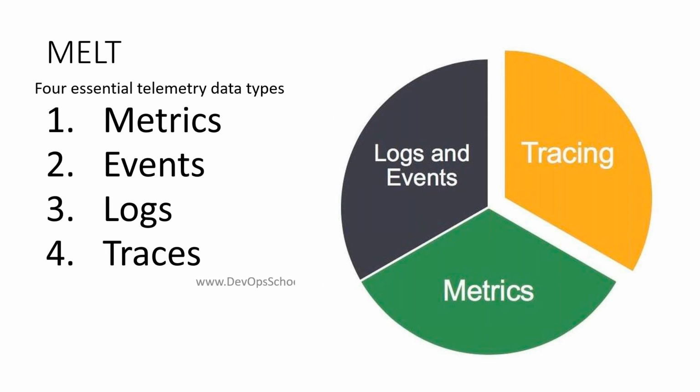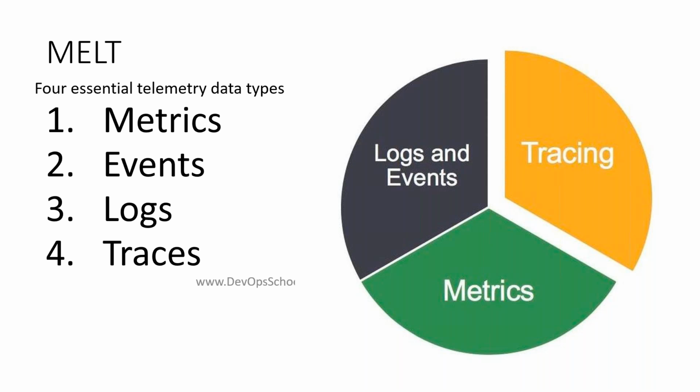There are four essential telemetry data types: metrics, events, logs, and traces. That means if you want to set up observability, you need to gather metrics, events, logs, and traces. Not only gather them, you need to analyze, tokenize, filter, and aggregate them and create some sort of meaningful data out of it.